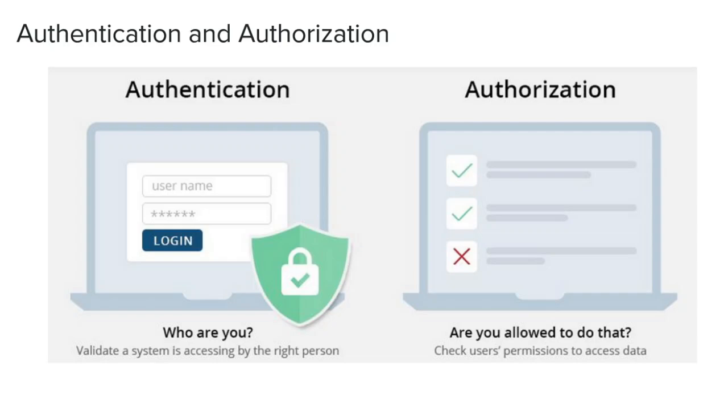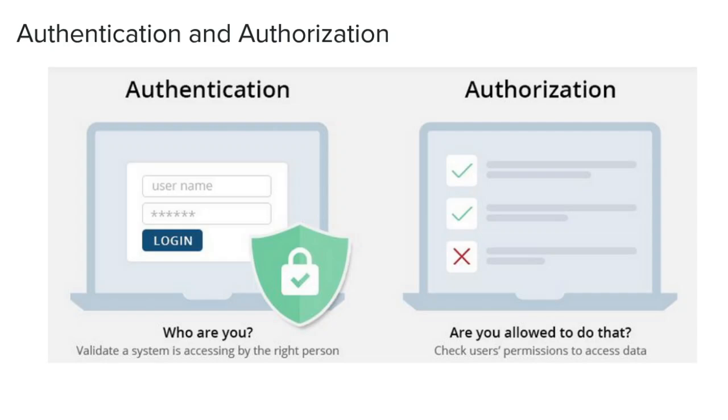And what is authorization? Authorization means checking the permissions of that authenticated user. So once the user is authenticated, that user can log into the system. But what are the different actions that are allowed for that authenticated user comes under authorization.